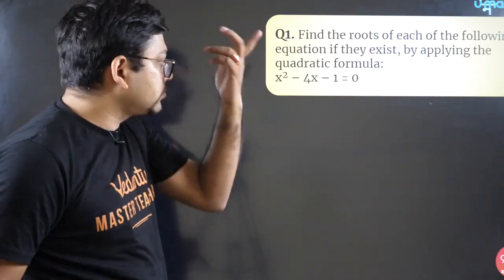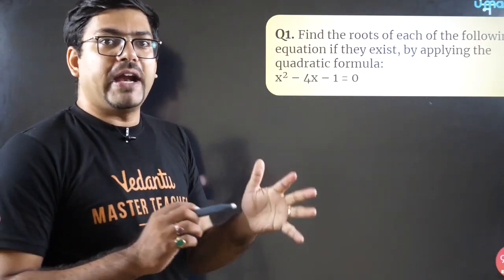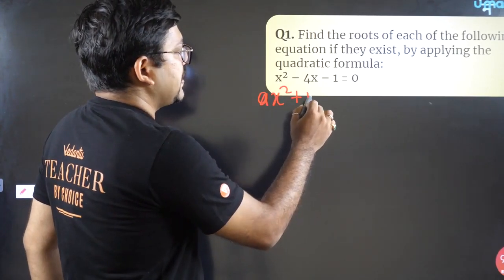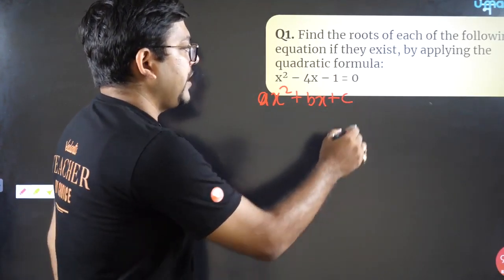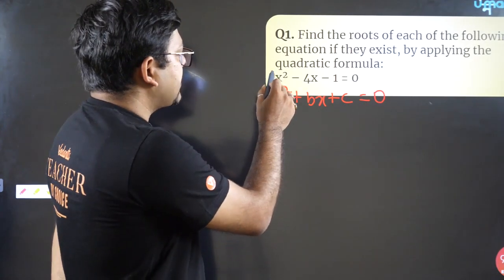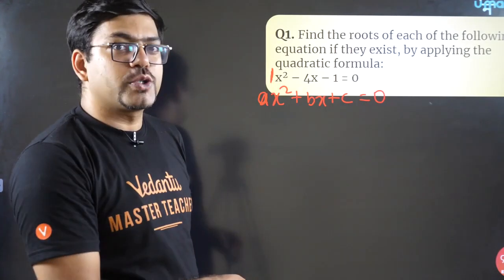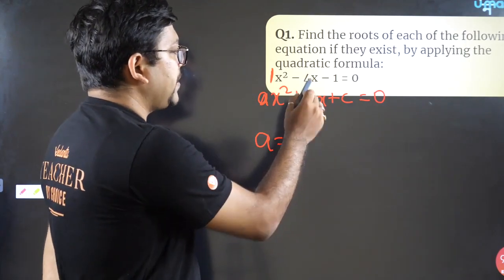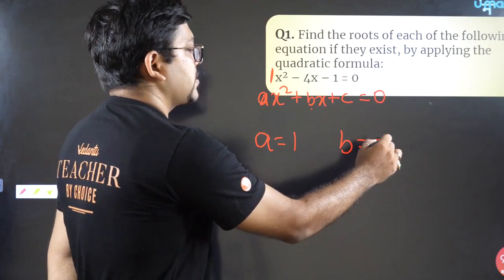First of all, this equation has to be compared with the standard equation, that is ax square plus bx plus c equals to 0. So if you compare, here in place of x square there is no coefficient, so we will take it 1. So a will be equal to 1, b will be equal to not 4 but minus 4.